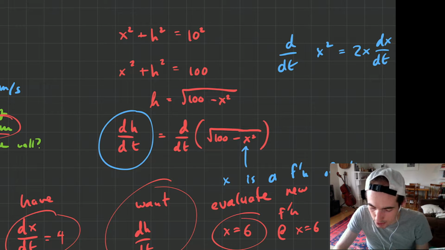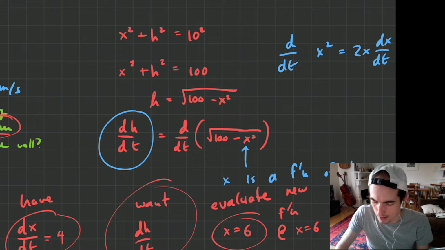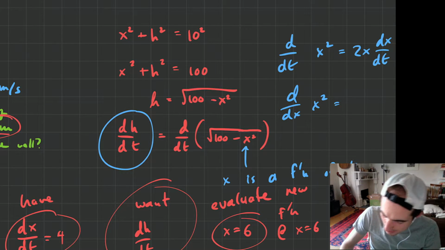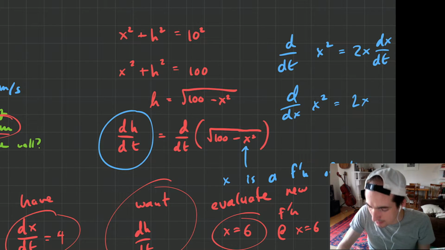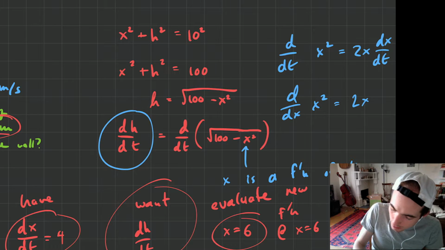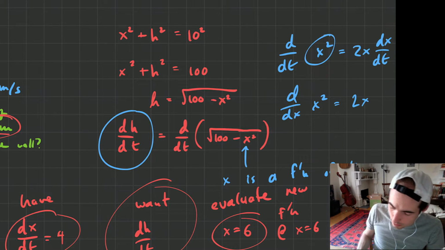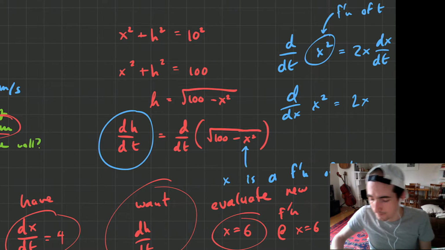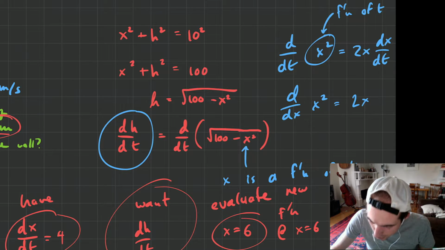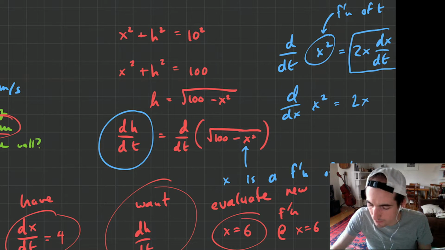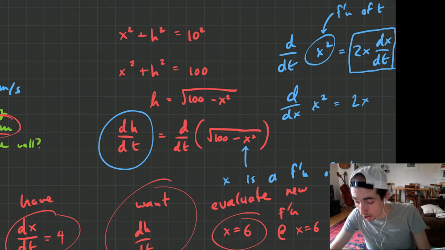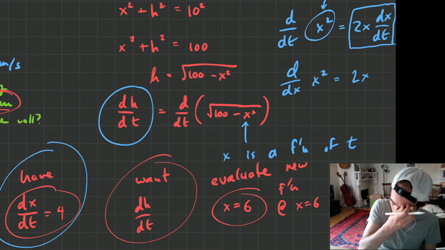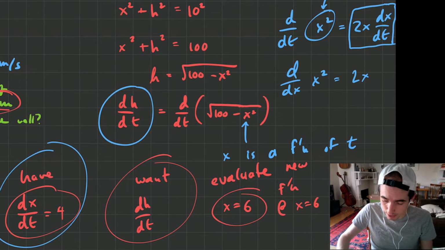We can't just say d by dx of x squared is 2x, because we're not differentiating with respect to this variable; we have to understand that it's a function of time. So using the chain rule, we throw in this dx by dt, which is good because we have this information. We're going to have to use it at some point.